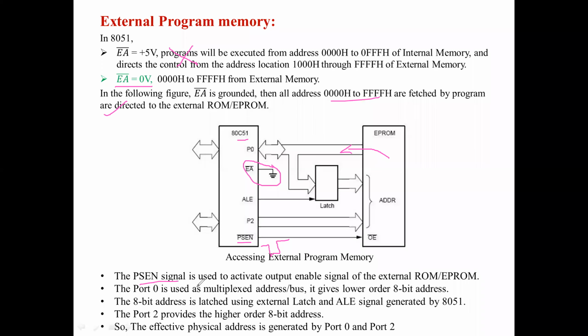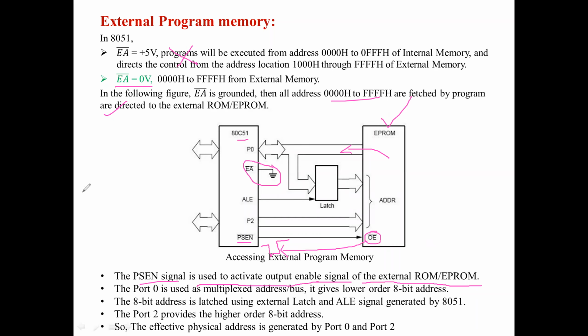PSEN is the active output enable pin to the external ROM. This pin has to be set to 0 so that this EEPROM is selected. This is done automatically.